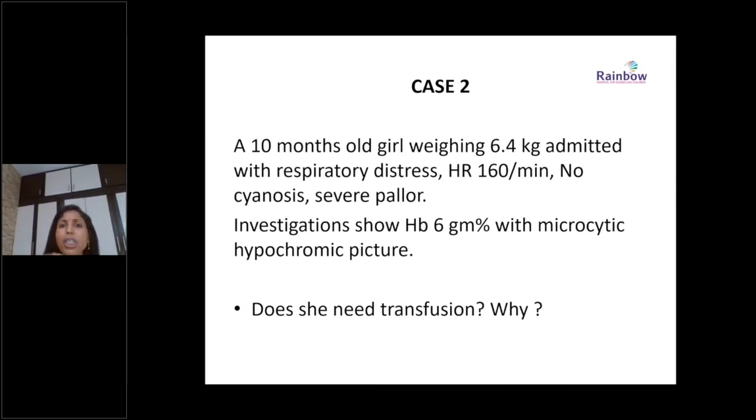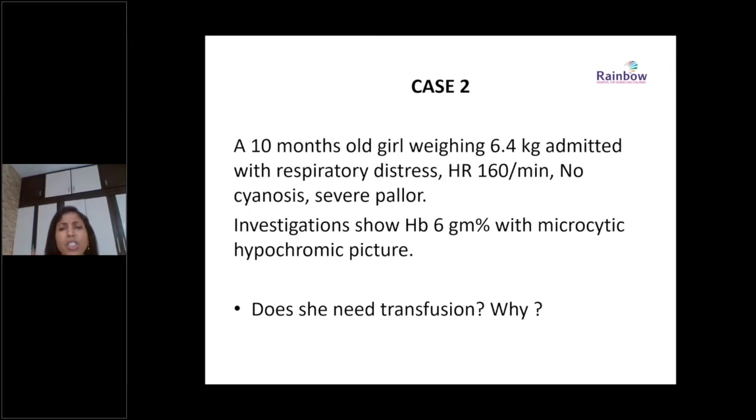But if the child is already on an improving trend with a microcytic hypochromic picture, which says the child has underlying iron deficiency, and the tachycardia is trending downward, respiratory distress is gradually improving, and you are able to wean off the oxygen, then definitely we know there is no rush with the transfusion, because the peripheral smear says it is a microcytic hypochromic picture rather than a different etiology.